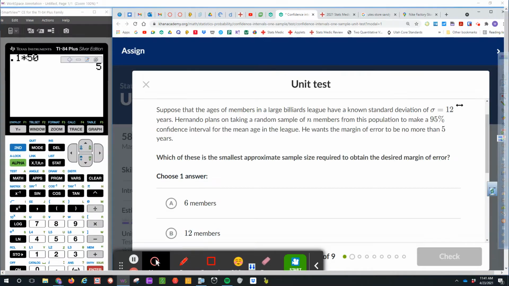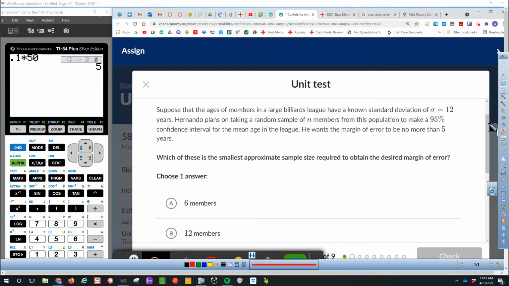Okay, so let's see which of these is the smallest. There's a formula. n is greater than or equal to, what is it?